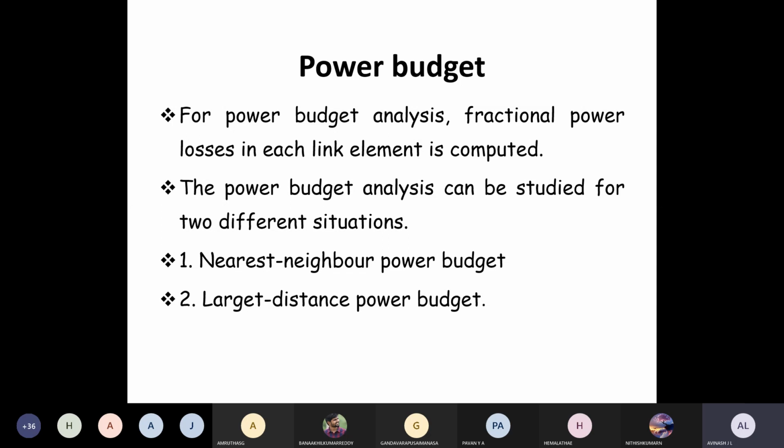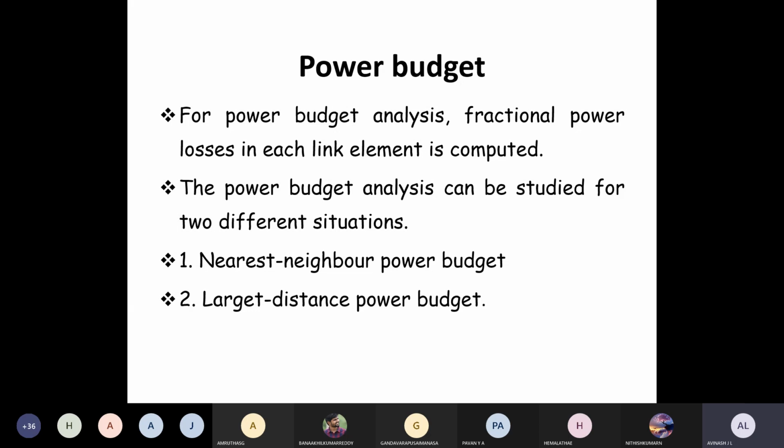The power budget analysis can be studied for two different stations. For today we'll just see these names. From tomorrow's class we'll understand the nearest neighbor power budget and the largest distance power budget.